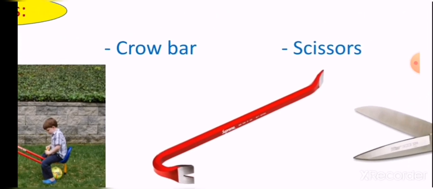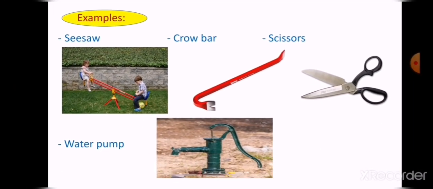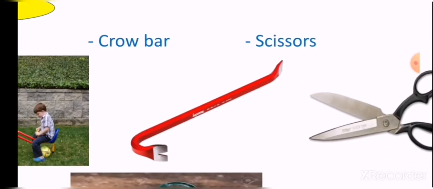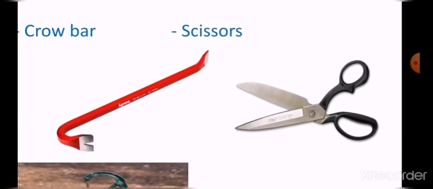Number two, the crowbar. The crowbar is a first class lever because the fulcrum, here, is between the resistance force and the effort force. And also like scissors.